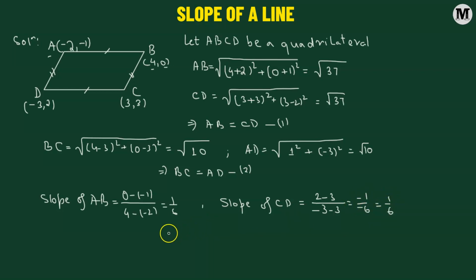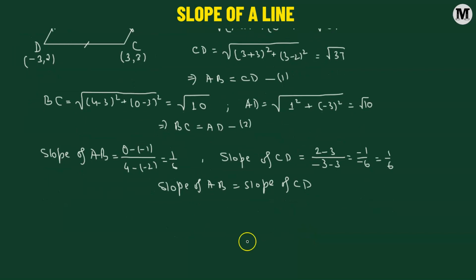So here we have obtained that the slope of AB is equal to the slope of the side CD. And whenever the slopes of two lines are equal to each other, that tells us that the line AB, or we can say the side AB, is going to be parallel to side CD. Okay, so this is number 3.